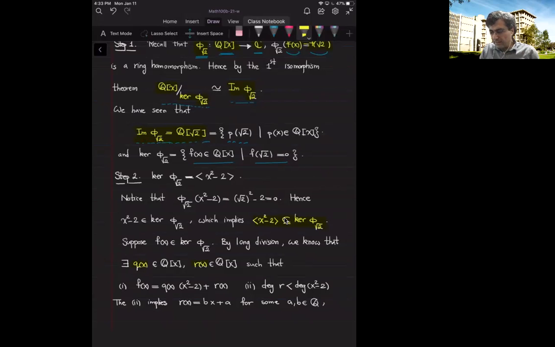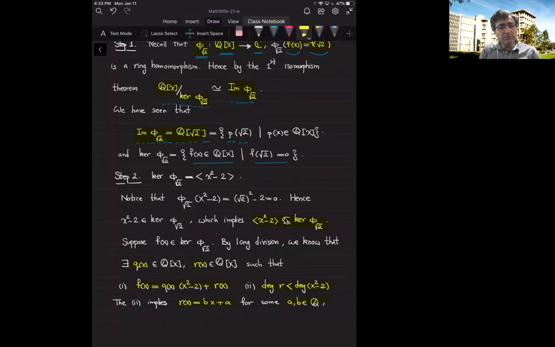Notice, when I say it's a remainder, it means that the degree of r is strictly less than the degree of x squared minus 2. And saying that q and r are the quotient and remainder means f is q times x squared minus 2 plus r. Now, because the degree of r is less than 2, it is definitely of the form bx plus a for some rational numbers a and b.